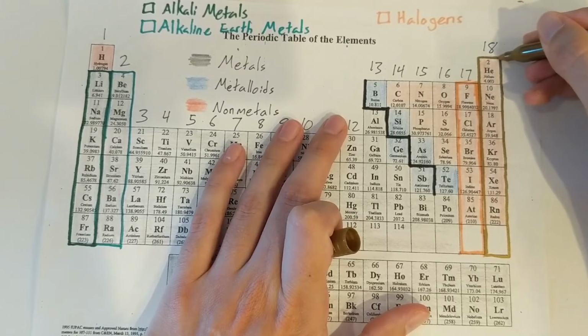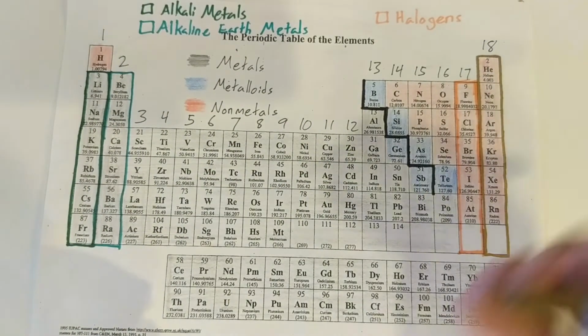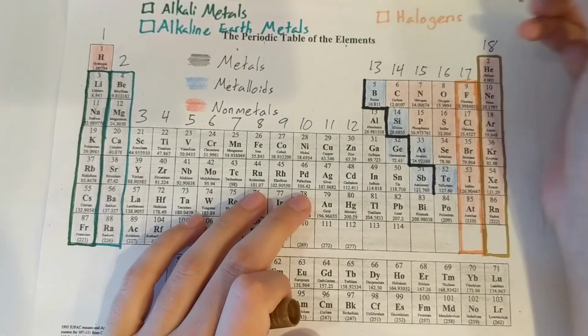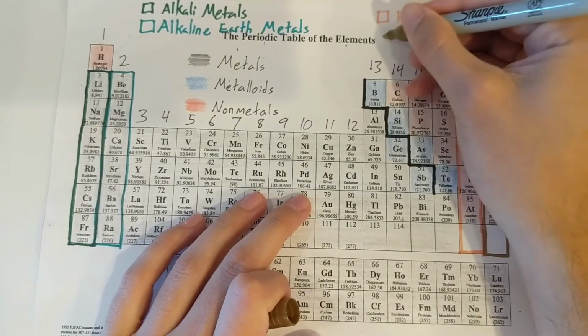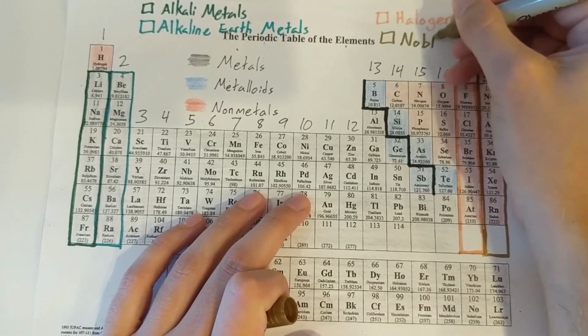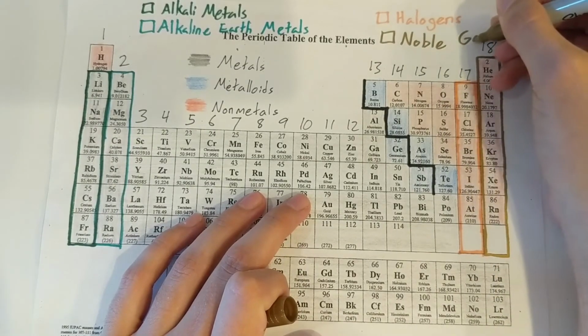And just like these elements aren't interested in what any of those other elements are doing. They're just hanging out with themselves, and they're happy with that, and they don't need to be with anyone else because they have their full set of valence electrons. So these ones are called our noble gases.